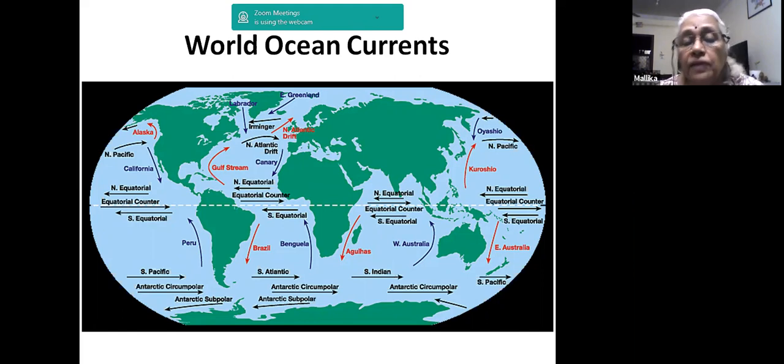Similarly to your Benguela current in Namib and Kalahari. And also in Western Australia. The only difference in the Indian Ocean is that the West Australian current disappears during the summertime in Australia.